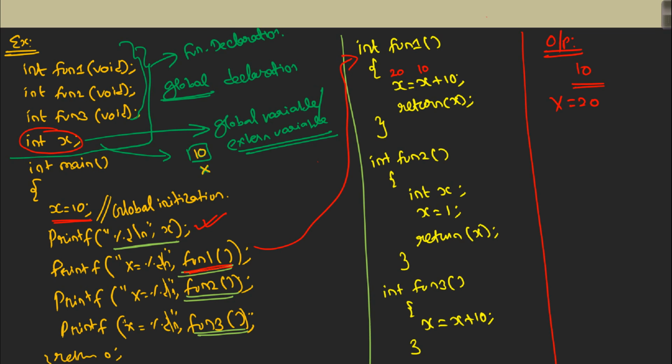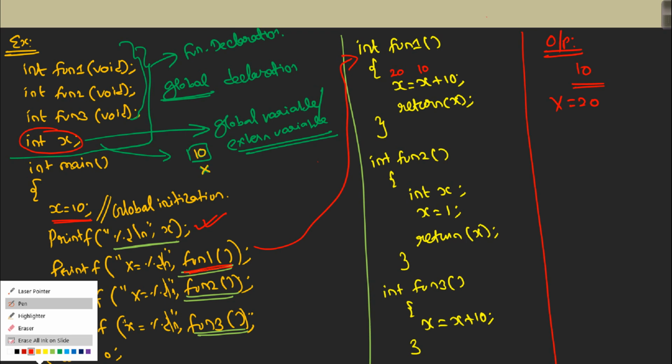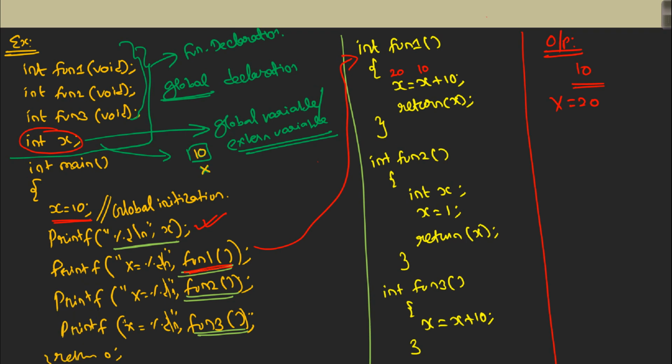Listen carefully. One second, just to give you a more interesting idea about it. Here you are declaring x, so initially it will be 0 as you are not giving any value. The moment I give x equal to 10, this value will become 10, right?